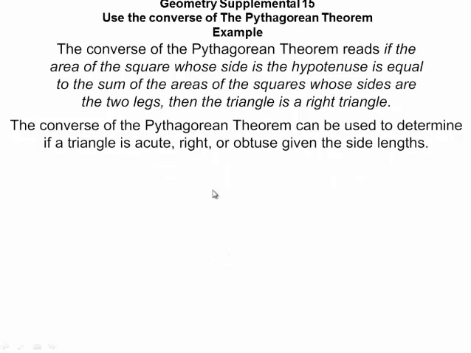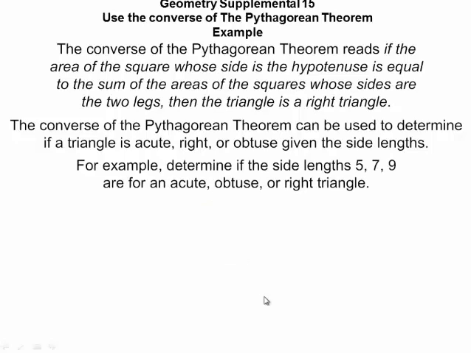Hold on one second. Okay, so if you have a triangle and I tell you the lengths are 5, 7, and 9, okay, this is the longest side, so this one has to be C. The biggest number is always going to be C. This is A and B. It doesn't matter which is which on those, but C has to be the largest. So I'll say A squared plus B squared, and then I'll have C squared. 7 squared plus 5 squared and 9 squared, 49 plus 25 and 81, and 49 plus 25, that's 60 plus 14, so that's 74 and 81.